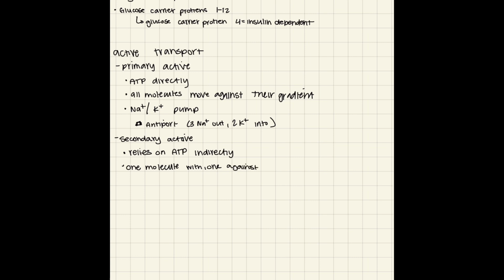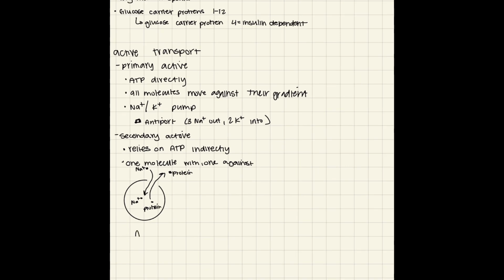So we could be diffusing one molecule of sodium into the cell, and something going in will push a different molecule out against its gradient. So if we're moving sodium in with its gradient, we could be pumping a protein out against its gradient.